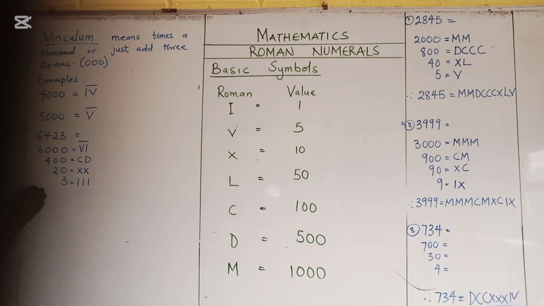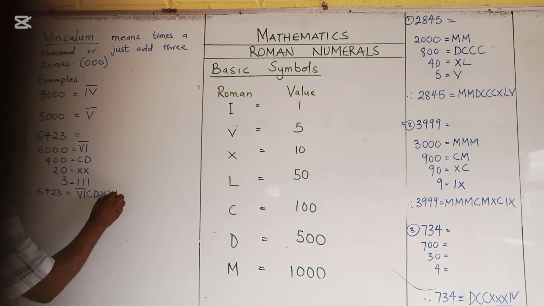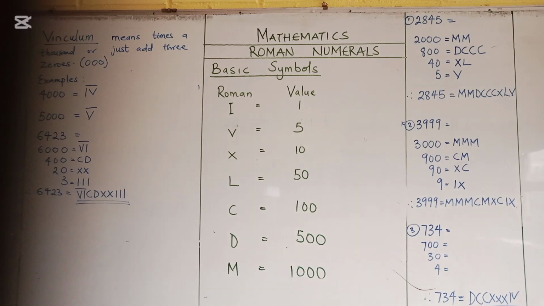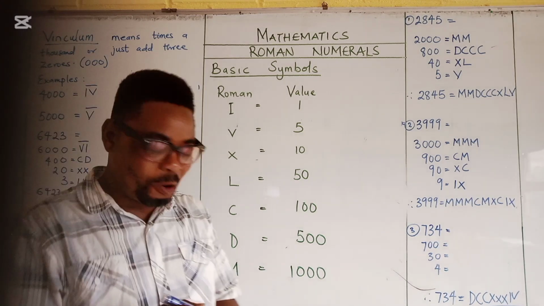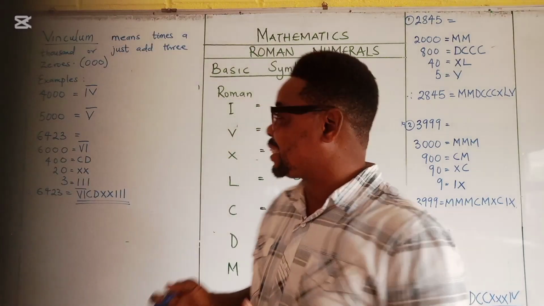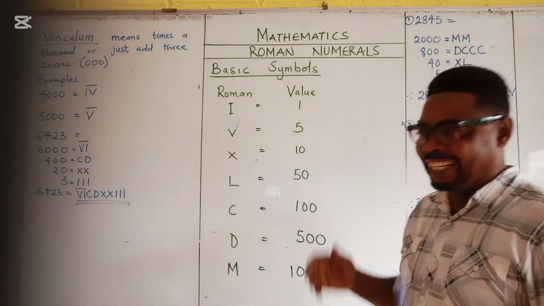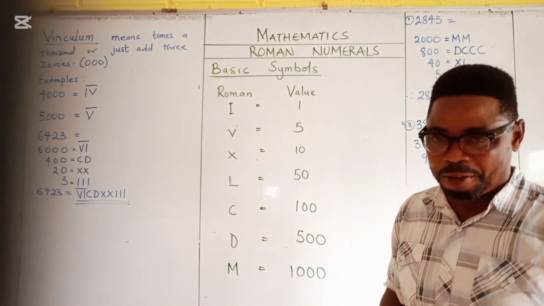Then therefore 6,423 is equal to VI with the vinculum, CD, XXIII. That is your answer. You can practice more at home. You see, with Mr. Ola James, mathematics becomes very interesting and simple.